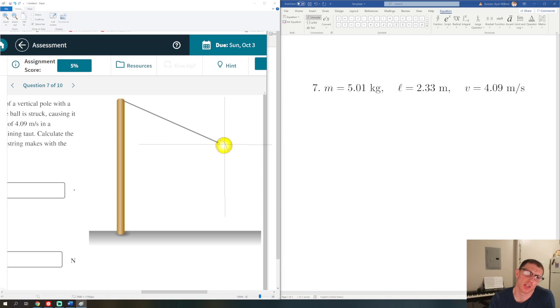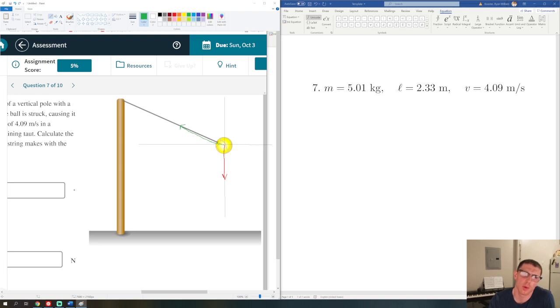Somebody already said, so we'll just go with that. There is the gravitational force, which is going to be pointing straight down. And then there's going to be the tension force, which should be directed along the rope. And that's it. Like this.